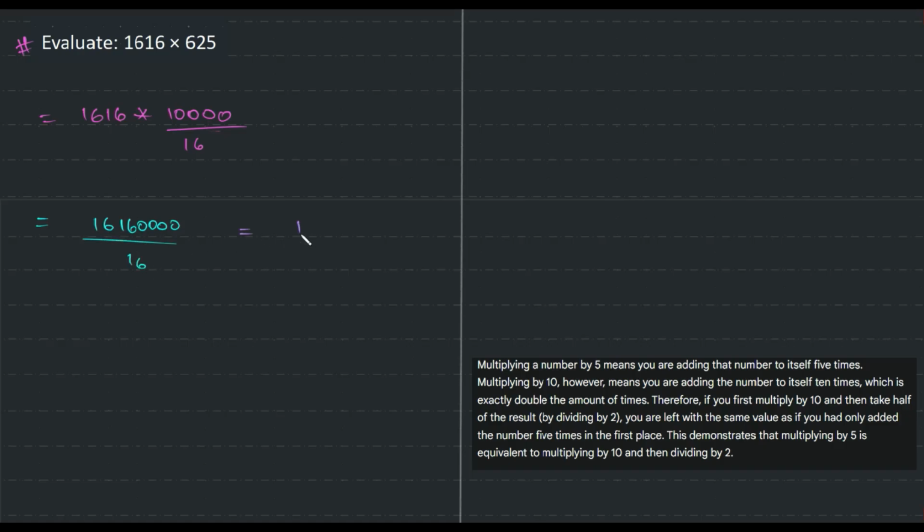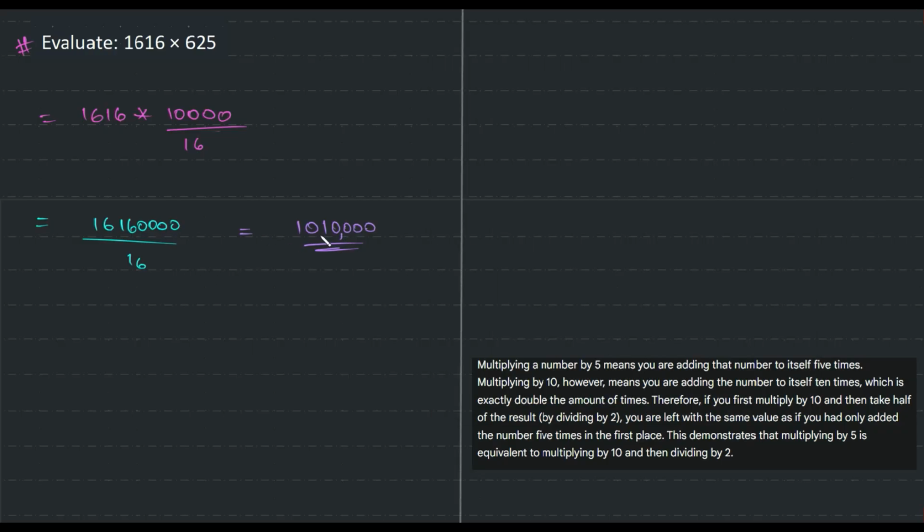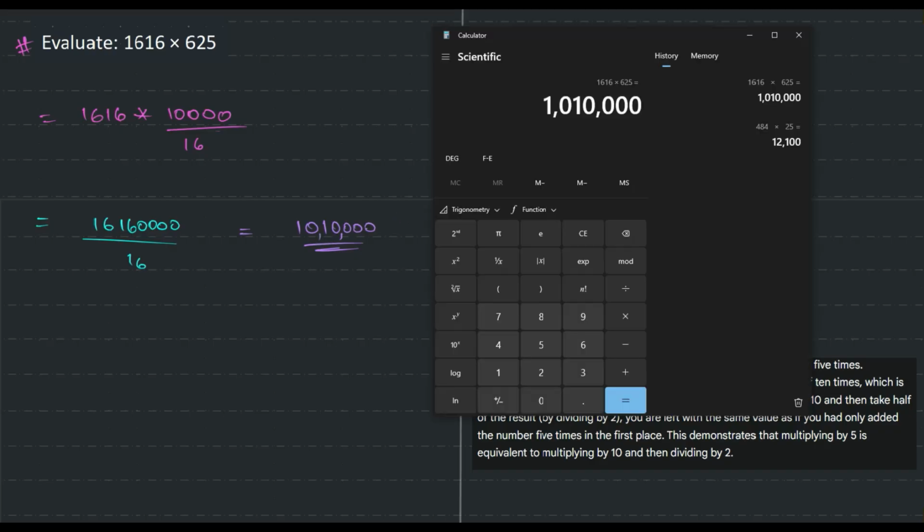And this will end up with 1s as 0, 1, 1, 2, 3, 4, and that's our answer. Let me show this. 16 into 625. Right, we got the same number. I just missed the comma. They have used the international system. I'm using the Indian system for placing the comma. If not, they are the same numbers.